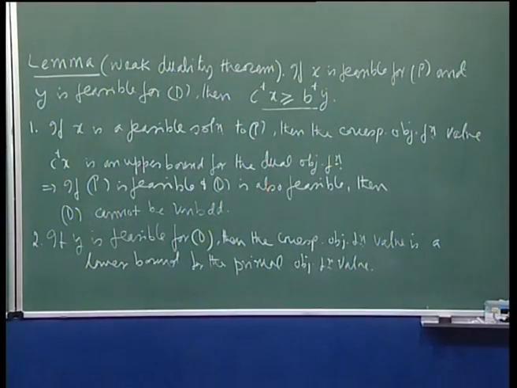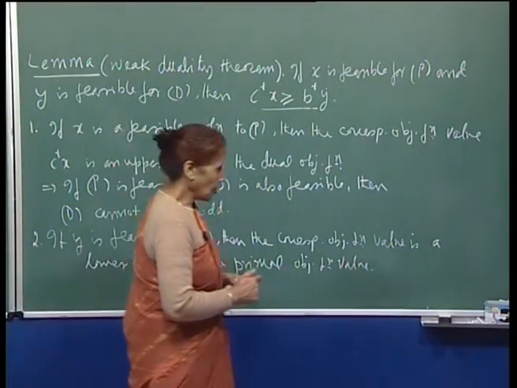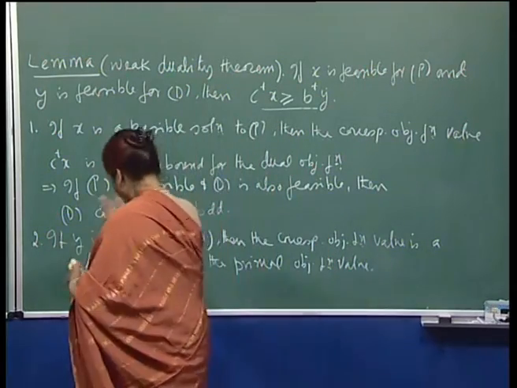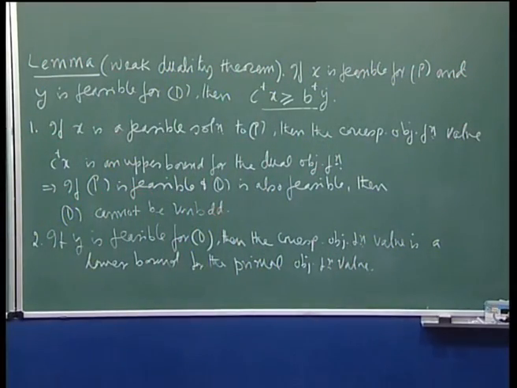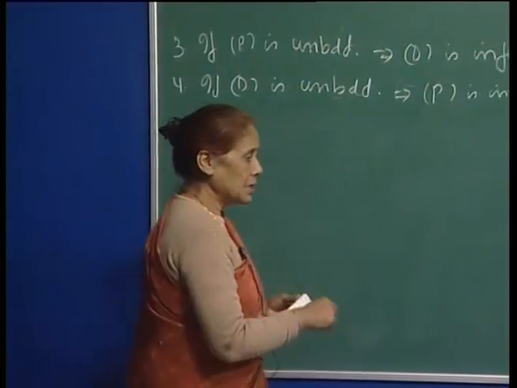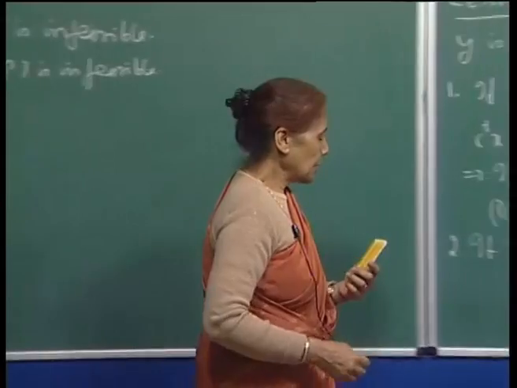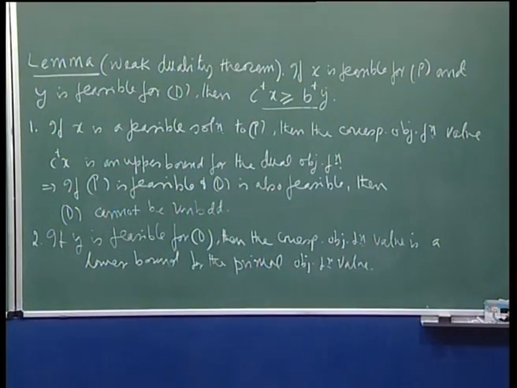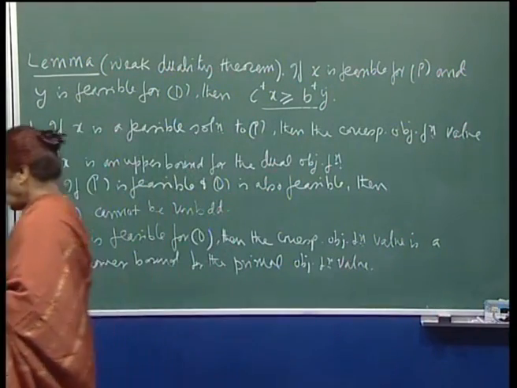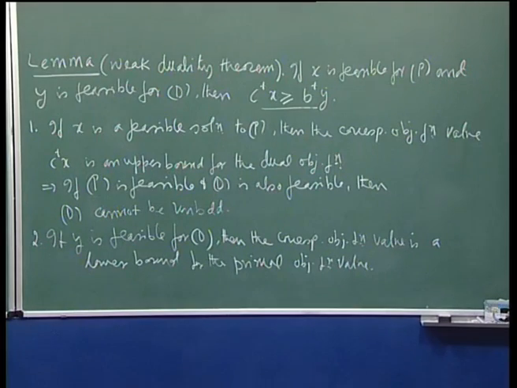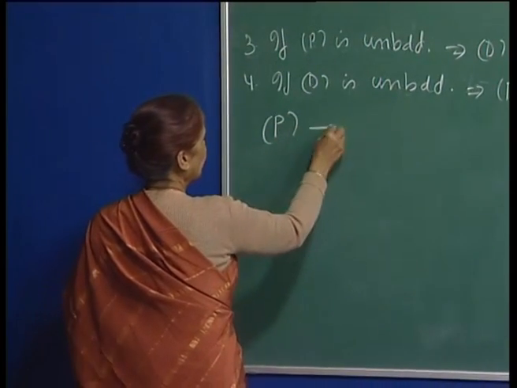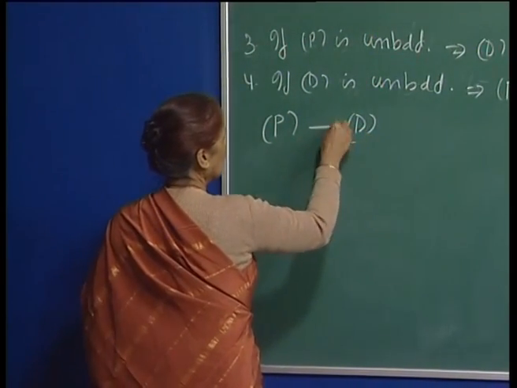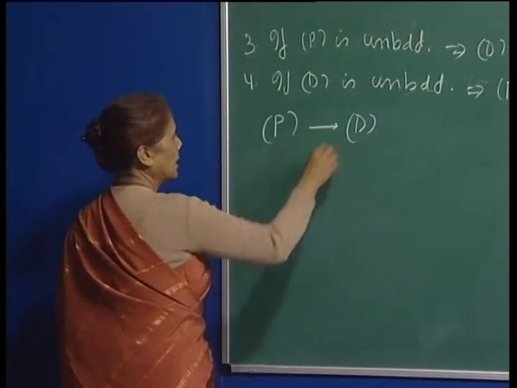So, that takes care of these things, and we will further talk about, for example, a converse of 3 and a converse of 4, which I will come to a little later, but before that we want to get into the interpretation of the dual variables. Before I do that, let me show you something. The idea here is that we started with a primal problem and then I defined the dual in a very natural way.